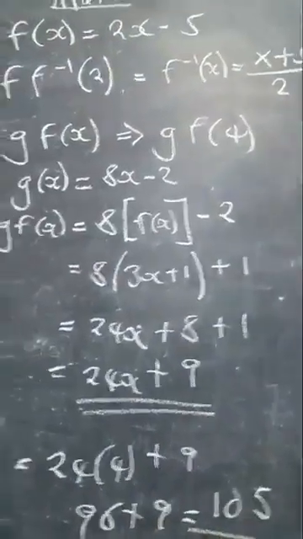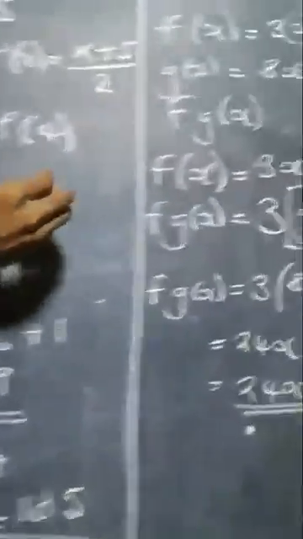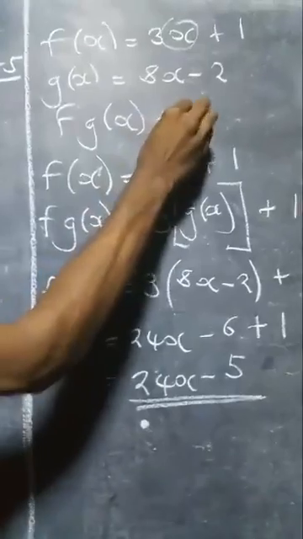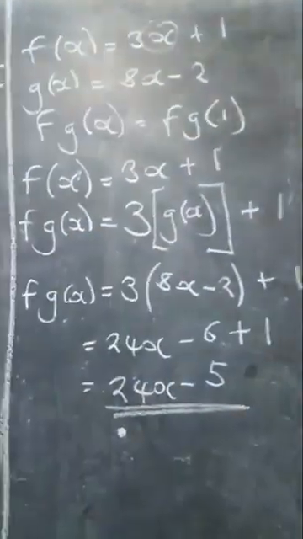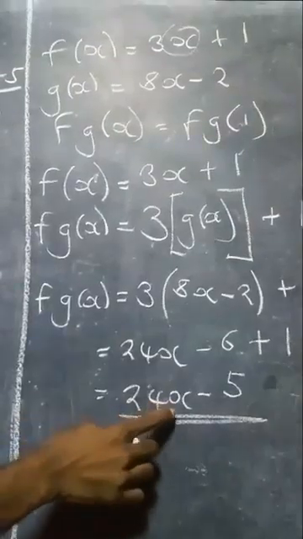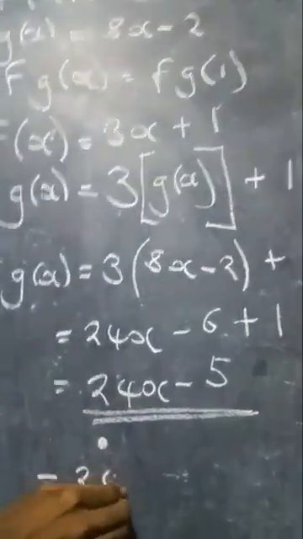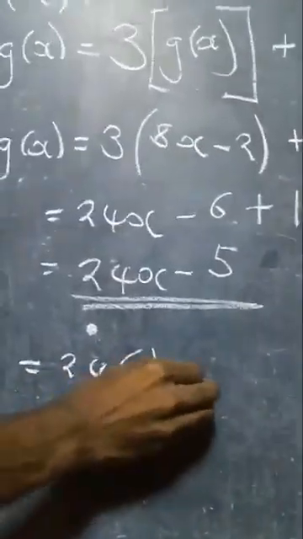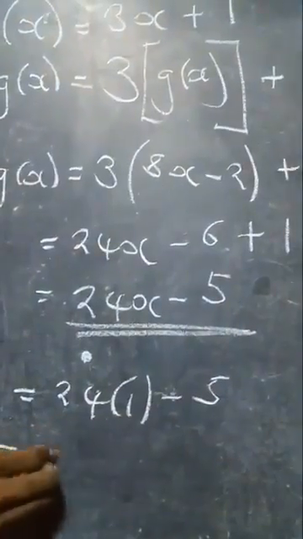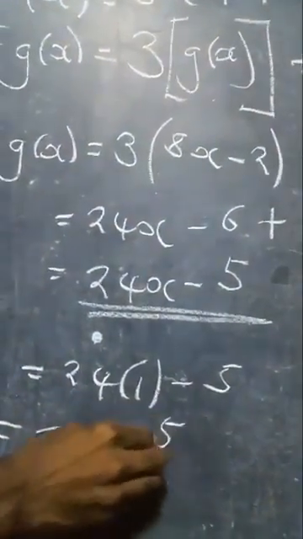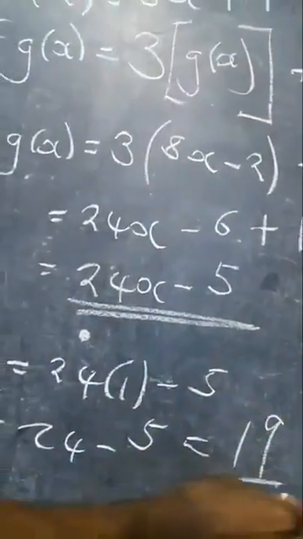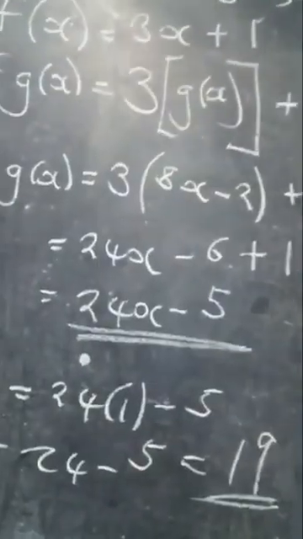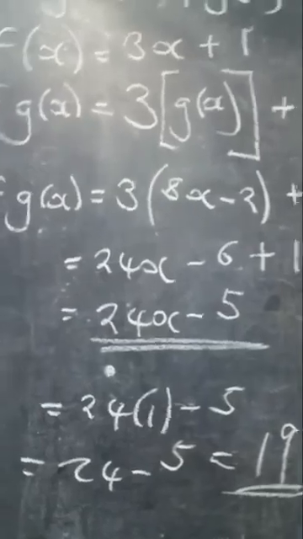That's your answer. If you had fg of 1, where there's x there, it's 24 by 1 minus 5. So it's 24 minus 5, which is equal to 19. That's your answer for this one.